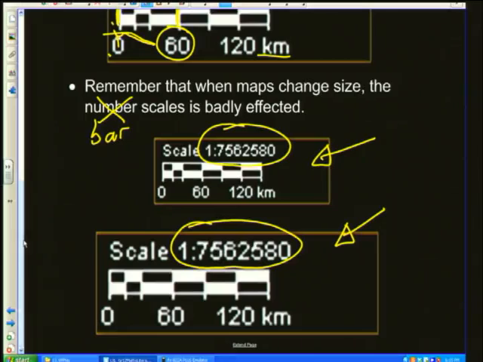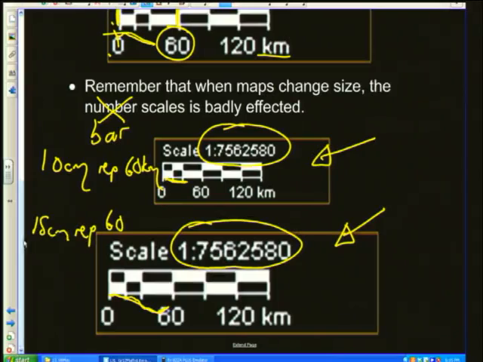Okay? But, look here. Guys, when I measure this, I'm landing up with 10 centimeters representing 60 kilometers. Over here, I'm telling you that 15 centimeters represents 60 kilometers.